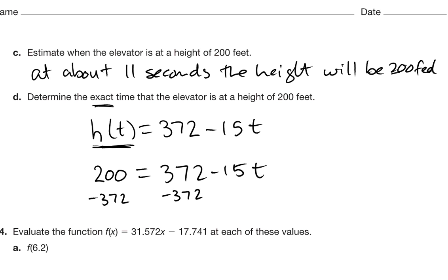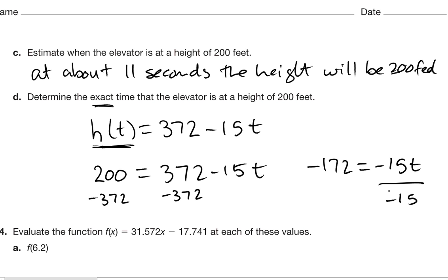It's not at all necessary right here, but it's okay. So if you look at it, wait a minute, I got like 300. I'm going to take 200 away from that. And there's like 172. It's negative 172. I'm embarrassed I pushed any buttons. I'm sorry. So I get on the left-hand side negative 172, and on the other side it equals negative 15t. So to solve for t now, we're going to divide both sides by negative 15.